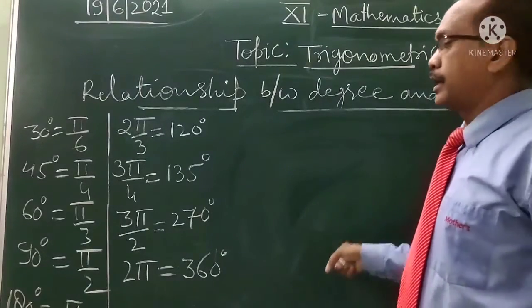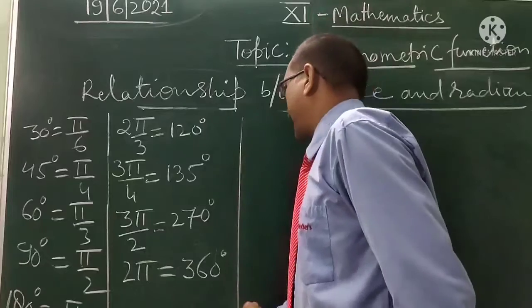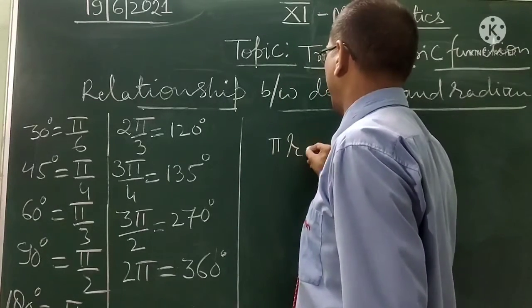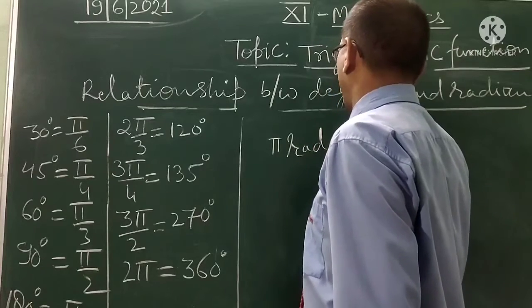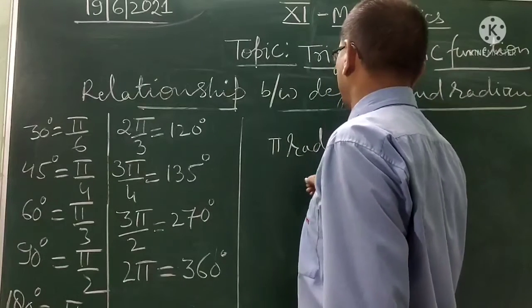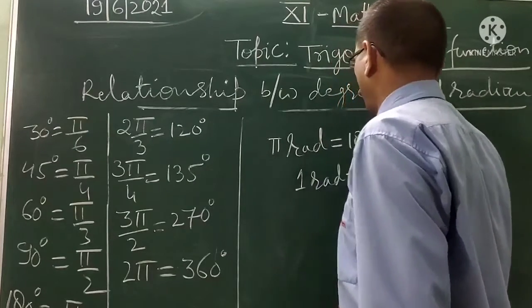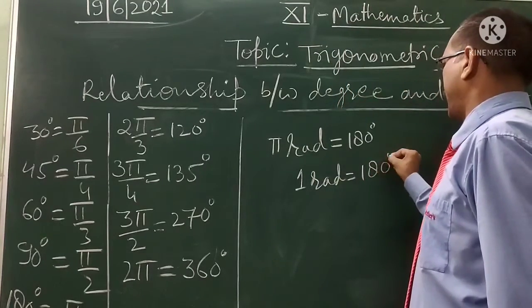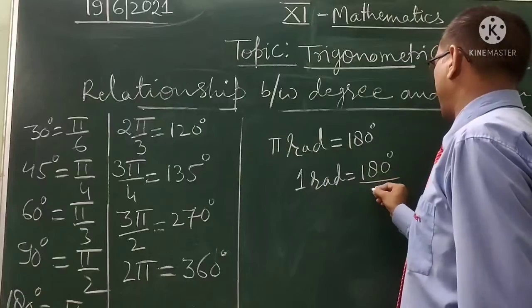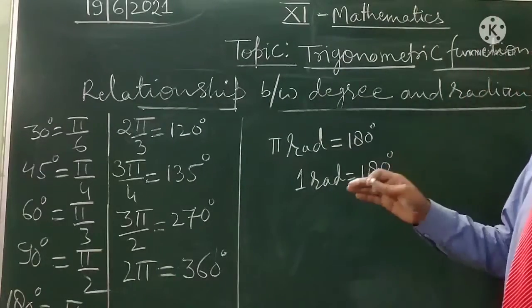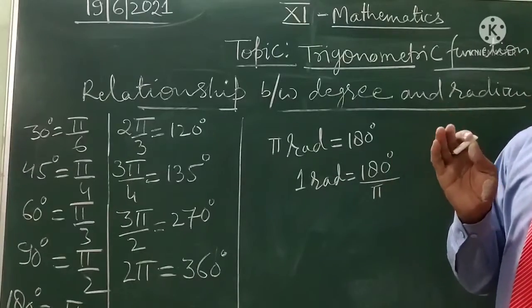Dear student, now let's come to radian. Pi radian equals 180 degree. So 1 radian equals 180 degree upon pi. Radian is a big angle.